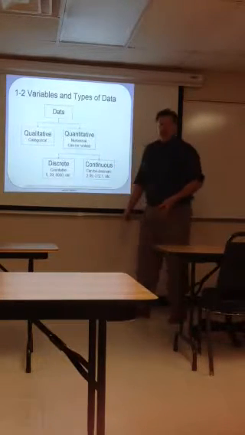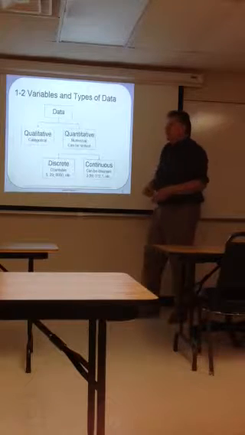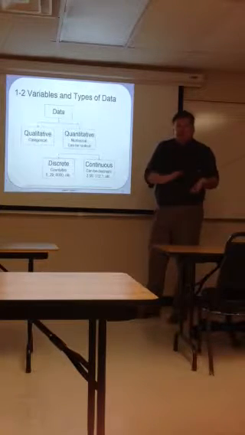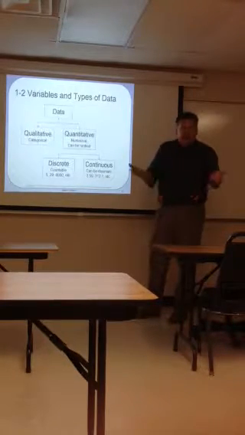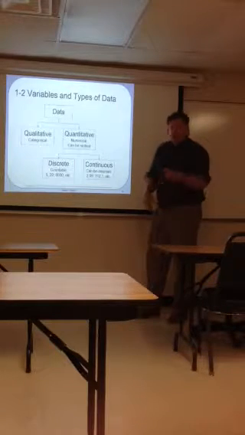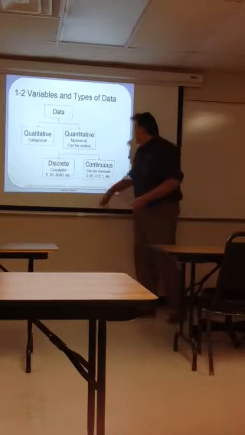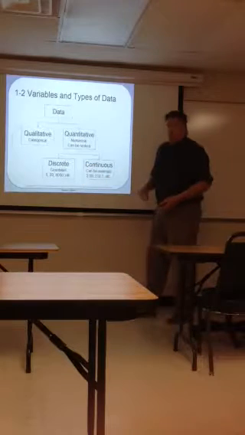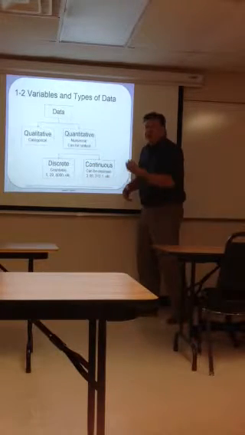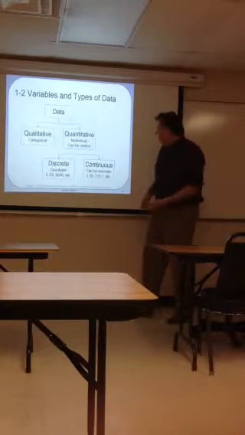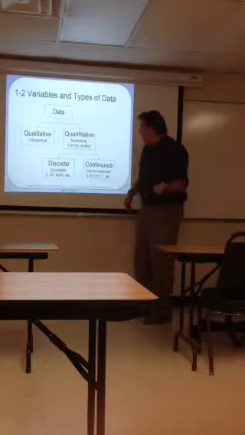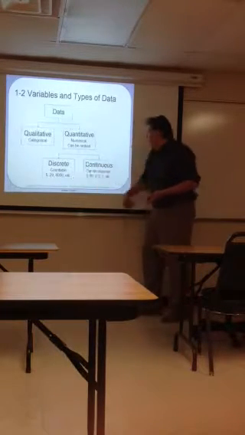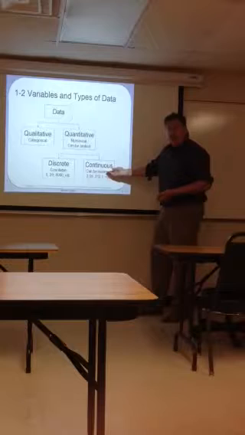I think the book talks about zip codes and things like that. So you never just take a zip code and cut it into fractions. It represents an area. So actually that would be more qualitative in nature because it just provides a name to a city. But it is actually a number that can be counted. Discrete, and then we've got continuous.